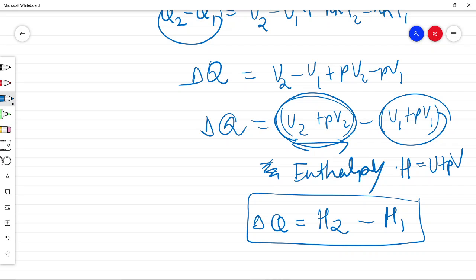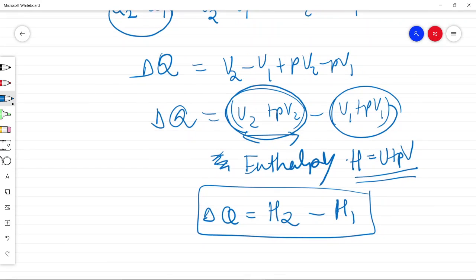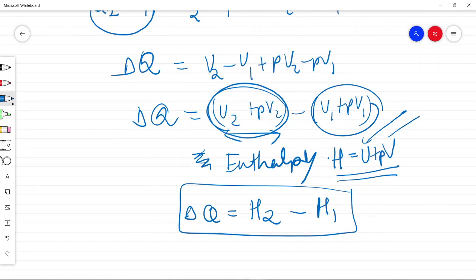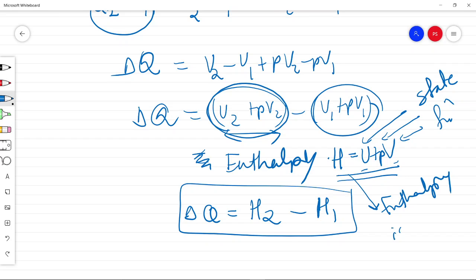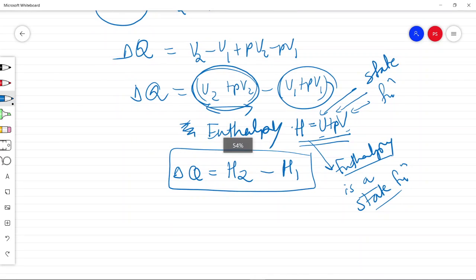We note that enthalpy is defined as U plus PV, and U, P and V are properties of state, so they are state functions. So obviously enthalpy is also a state function and not a path function. This is an important point to note.